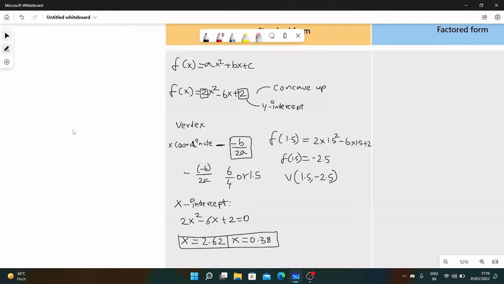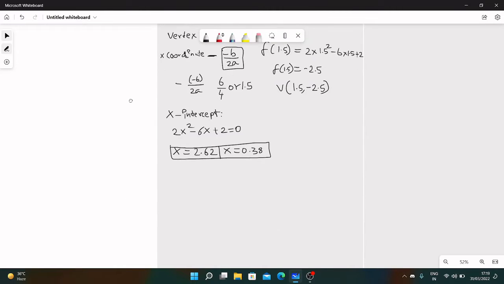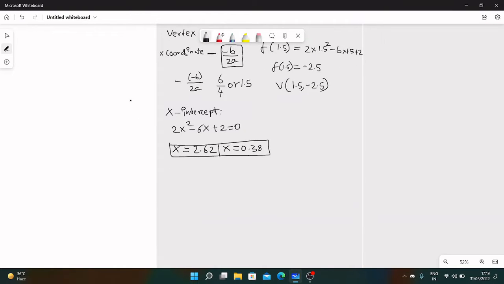Now at last what we have to do is find the domain and range. We know in all quadratic functions, the domain is x belongs to R. Now when it comes to the range, it's simple, we discussed it in the last video too.